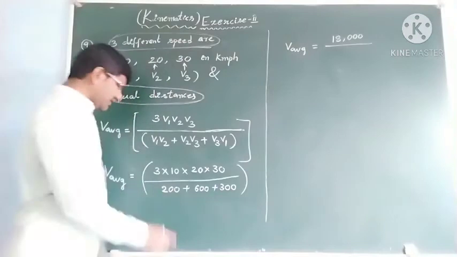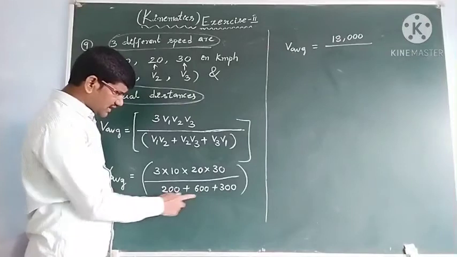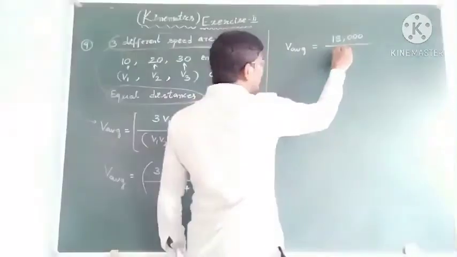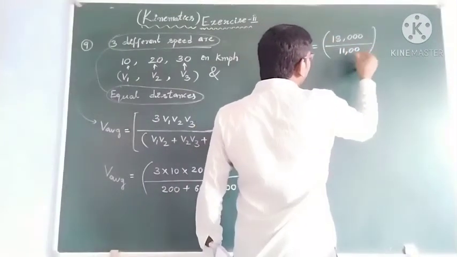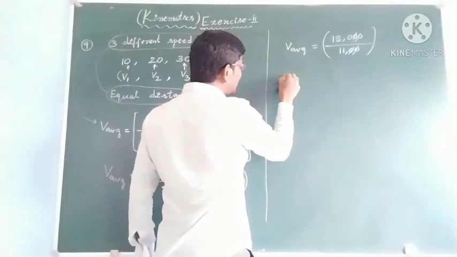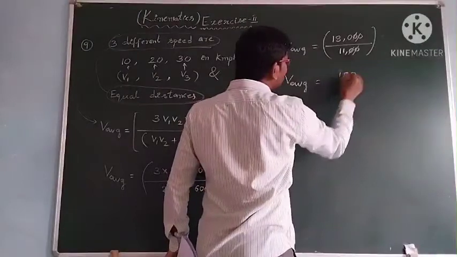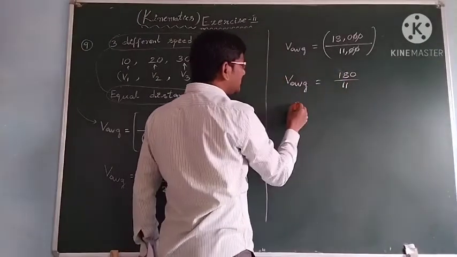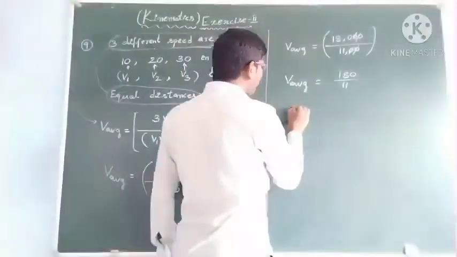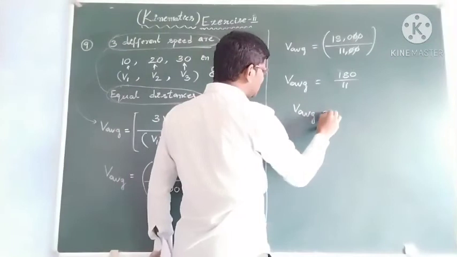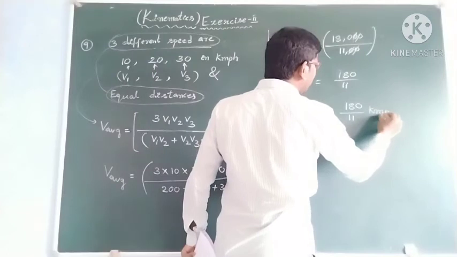Otherwise you can write directly 200 plus 600 is 800, plus 300 is 1100. Then the 2 zeros here and here get cancelled, so V average is equal to 180 by 11. All are in kilometers per hour, so the final answer is 180 by 11 kmph.